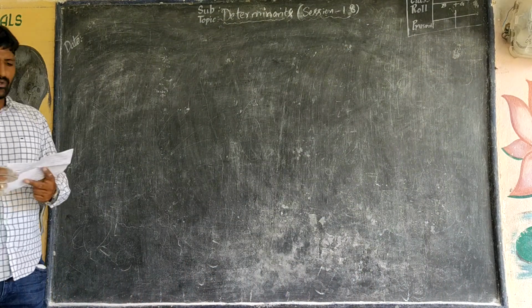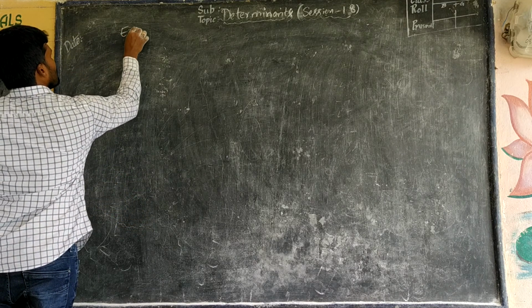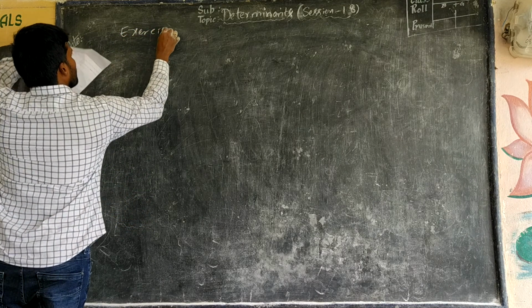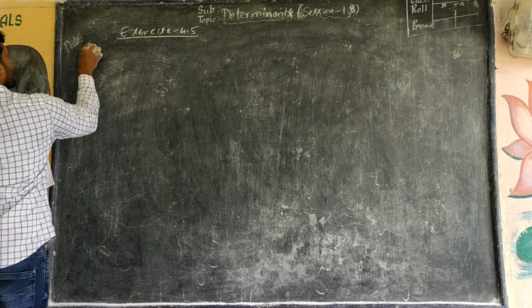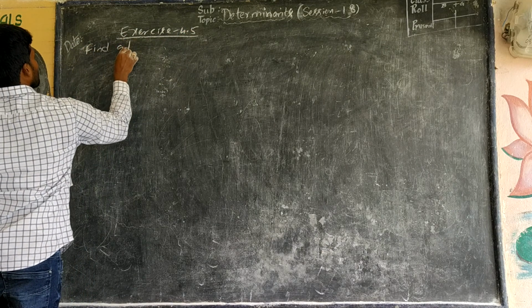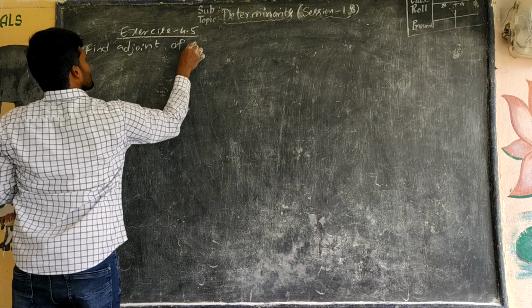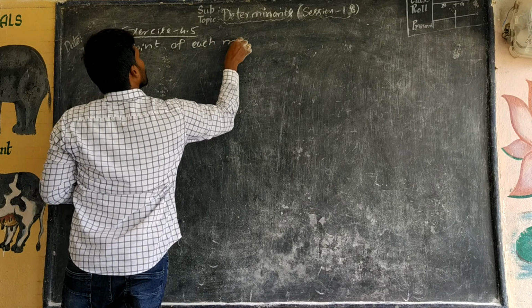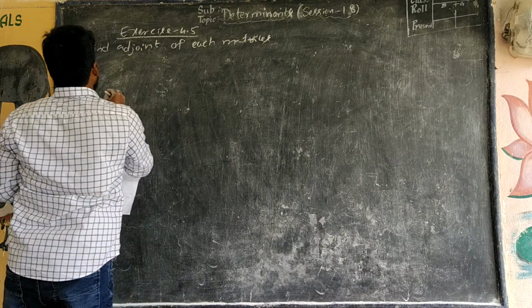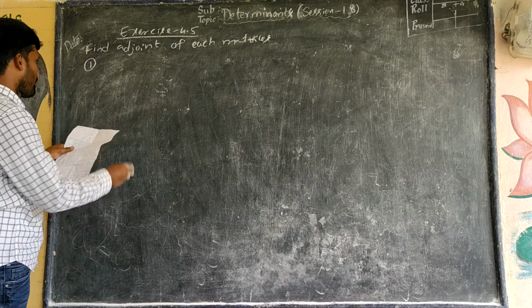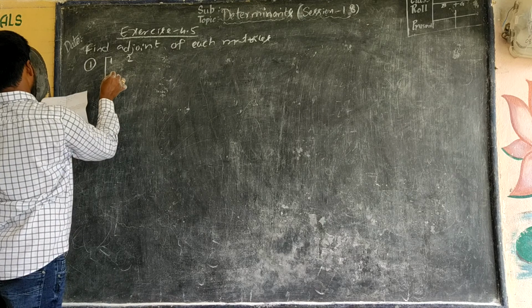Now, coming to exercise questions. Exercise 4.5. Find the adjoint of each matrix. First question is given [1 2; 3 4].